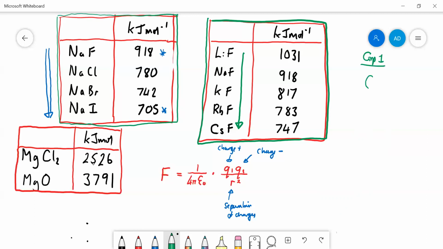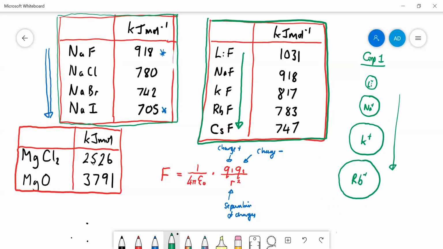So you have a little lithium ion, Li, then sodium, bigger because it's got an extra shell, 2,8. Potassium is going to be bigger still, 2,8,8. When you get to rubidium, even the 4th shell is occupied, and caesium is even bigger still. So the ions get bigger as you go down the group.